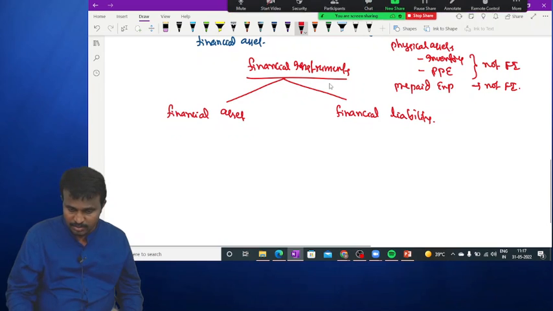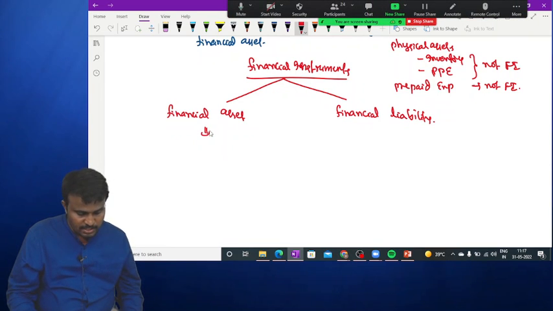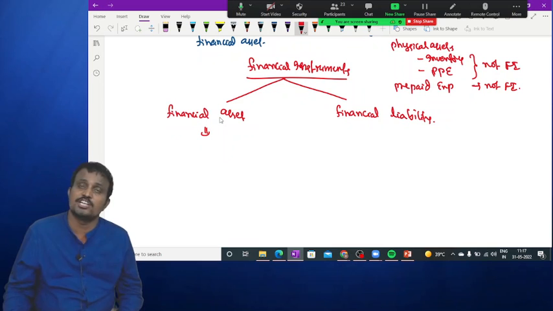Okay, then here, first of all, what is meant by financial asset?